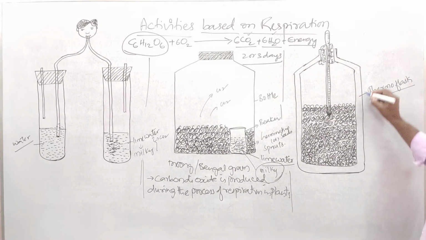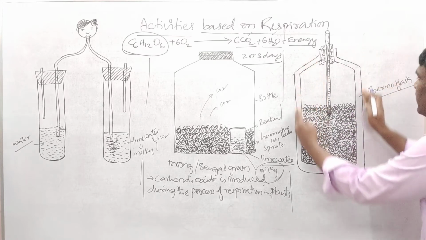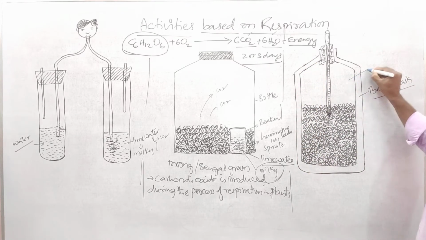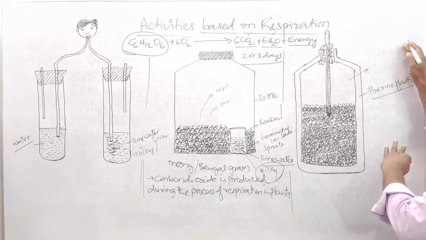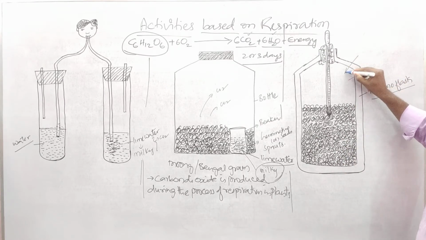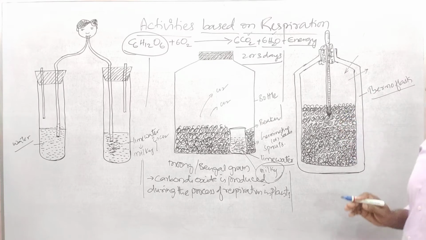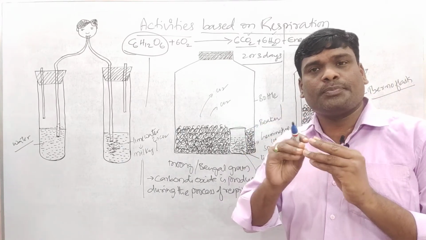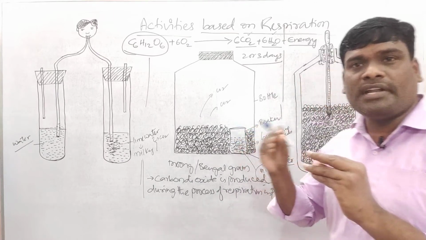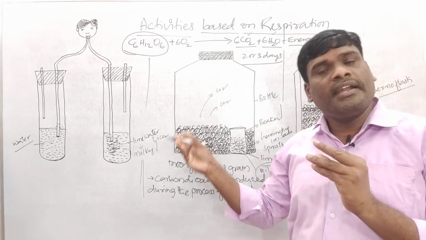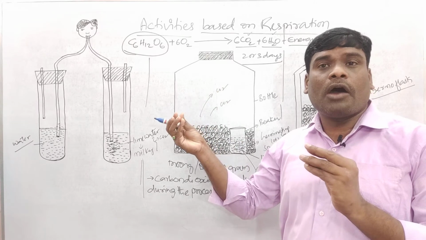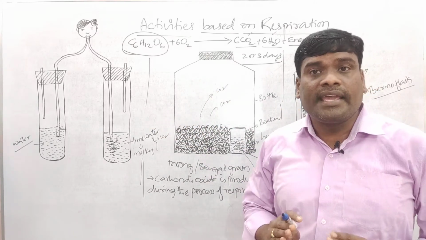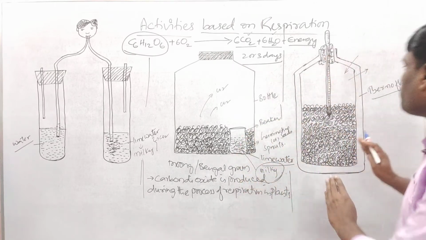What is the use of taking a thermoflask for this activity? Heat cannot escape outside, or heat cannot enter into the flask. So that's why it is thermoresistant, children. So heat which is produced during this activity cannot escape outside, and the heat from outside also may not enter into this one. So that's why we are taking here a thermoflask.